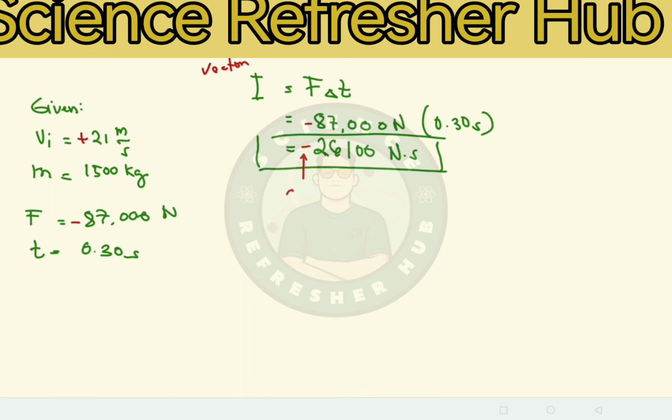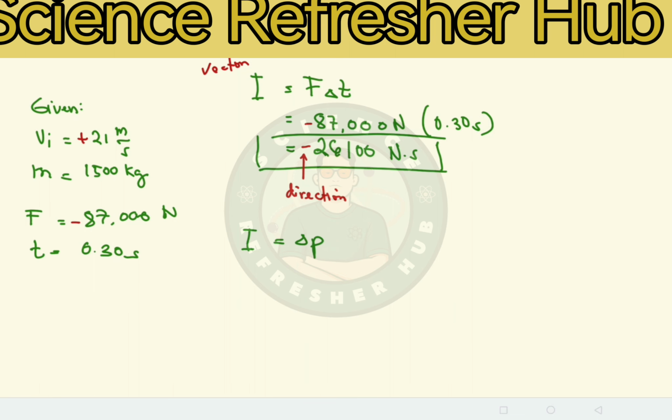Remember, this is just the direction of the force applied by the horse. Let's use the theorem to get the final velocity of our vehicle being hit by the horse. Let's do it. So the theorem tells that the impulse is just the change in momentum.